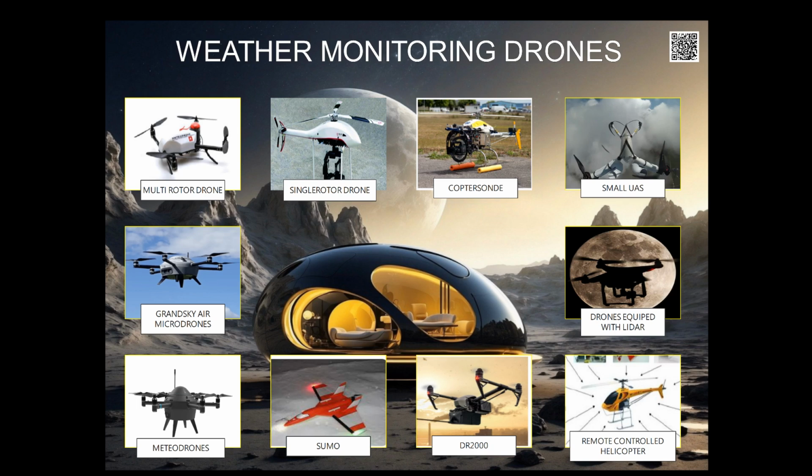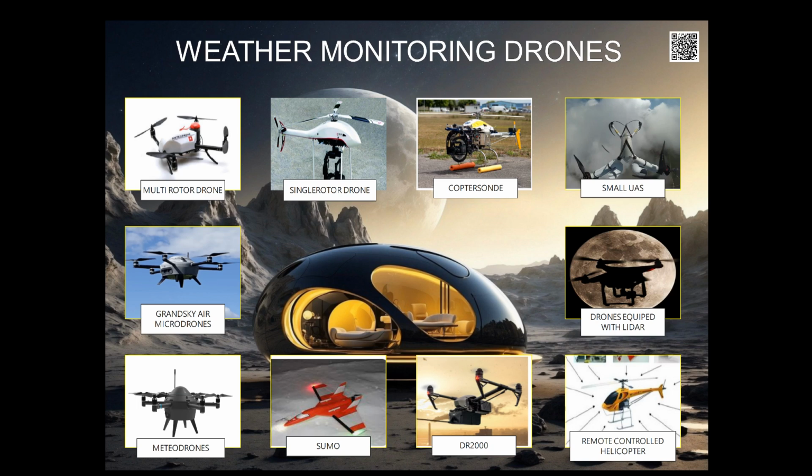Okay, and there are some meteor drones. What are these meteor drones? These meteor drones are specifically made for measuring meteorological parameters. They are not made for other things. You cannot use them for other objectives.